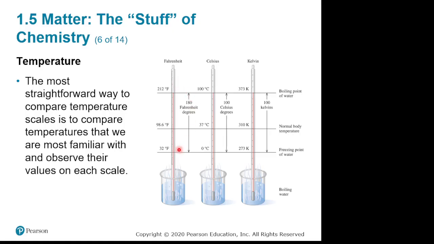You'll notice that Fahrenheit does not have the same number of separations between freezing and boiling as Celsius does. It is not 100 degrees separating those two. Fahrenheit has 180 degrees separating those two. Celsius has 100 degrees separating them.